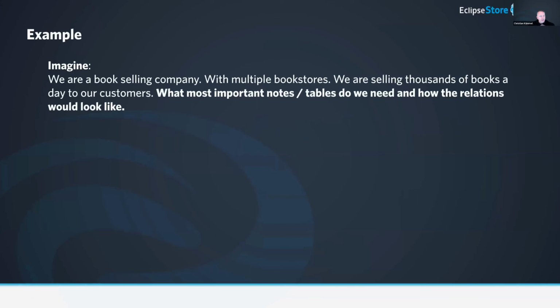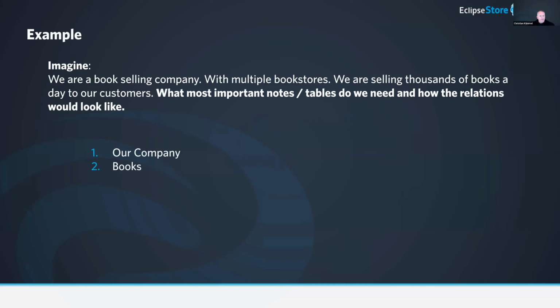So let's create a small example. Imagine we are a book selling company with multiple bookstores, and we are selling thousands of books a day to our customers. So what are the most important nodes or tables we need, and how would the relations look like? Okay, let's go through.